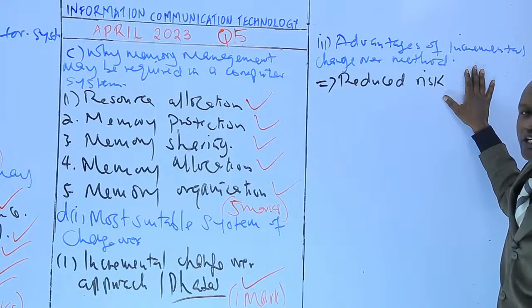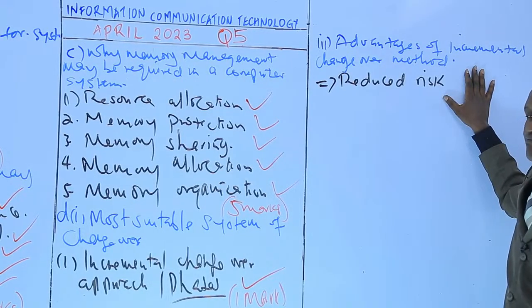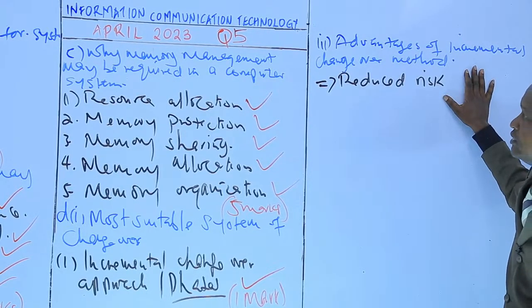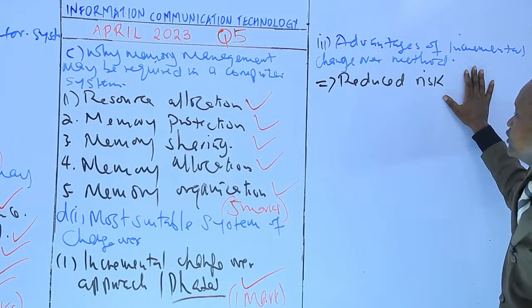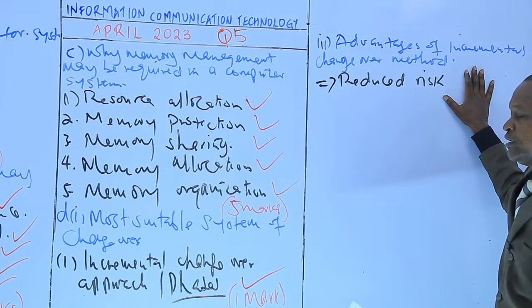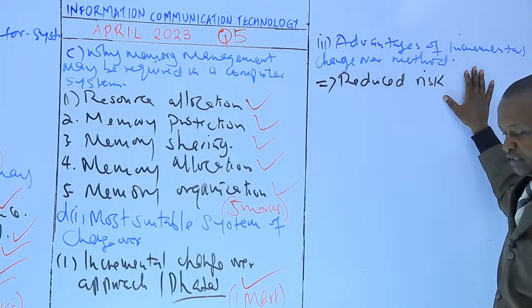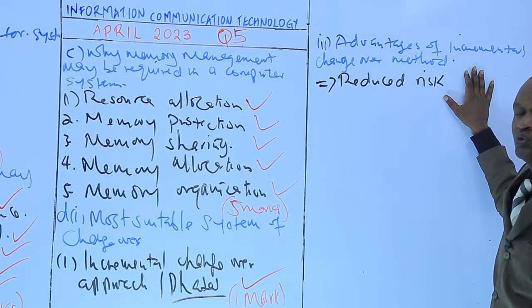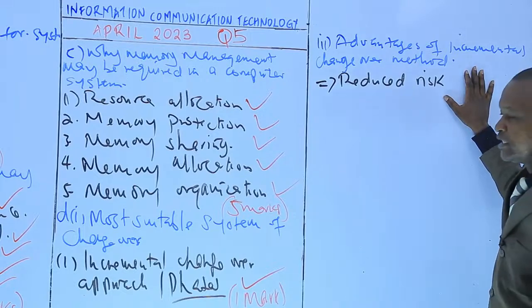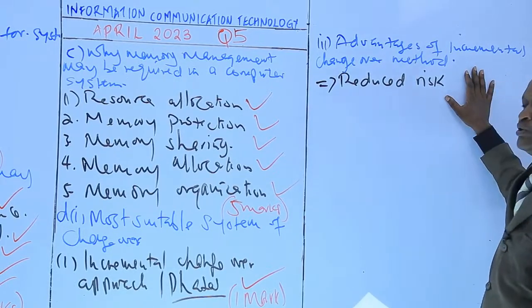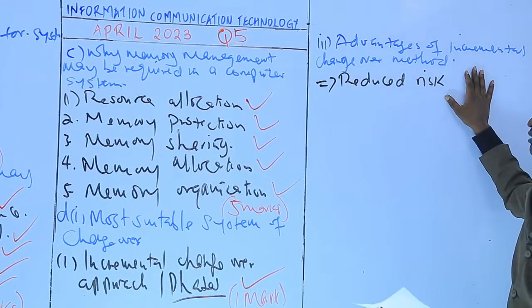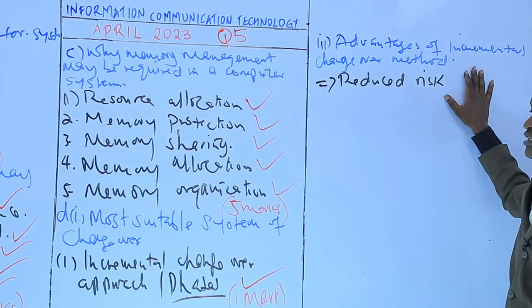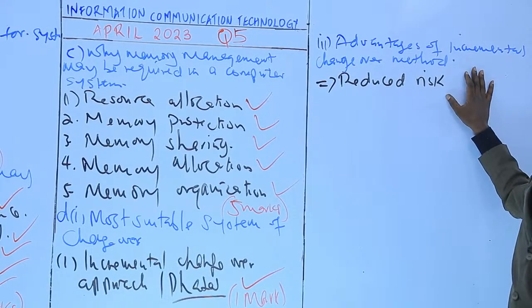This method allows for gradual implementation, and that kind of change can allow the managers who are resisting time to familiarize. Over time, they may embrace the change as they see that the change is not as risky as they expected.